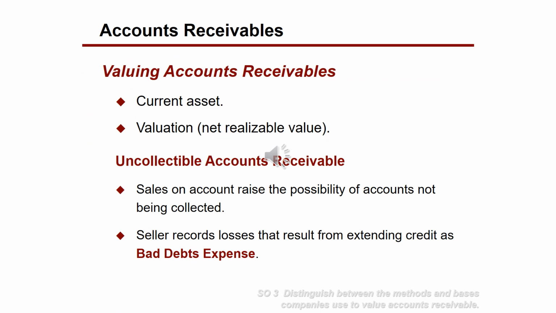Now let's move on to the second issue, which is valuing accounts receivable. Accounts receivable are recorded in the balance sheet under the current assets section. And typically they are valued at the net realizable value, meaning that depending on the total of the amount under the accounts receivable balance, the accountants, one way or another, need to estimate how much of those accounts receivable are actually collectible, meaning that can be collected in the future.